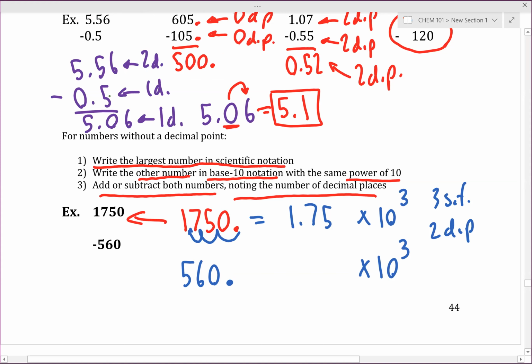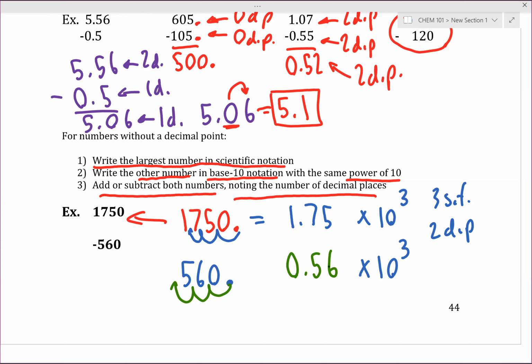So 2 would get us a number in normal scientific notation. That is correct. But if we want 10 to the third, how many spaces did we have to move our decimal point? 3. Yep. So we move it 1, 2, 3, and that gives us 0.56 times 10 to the third.